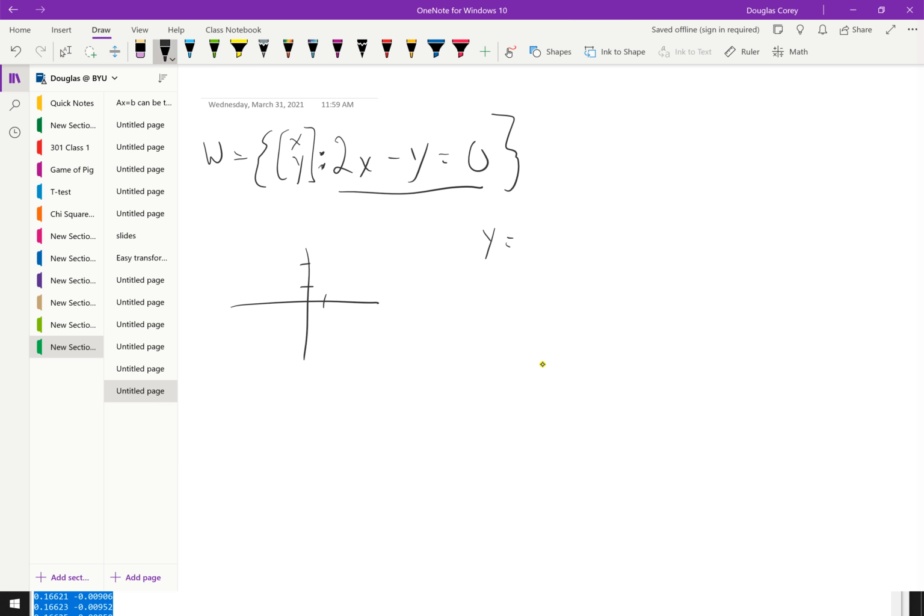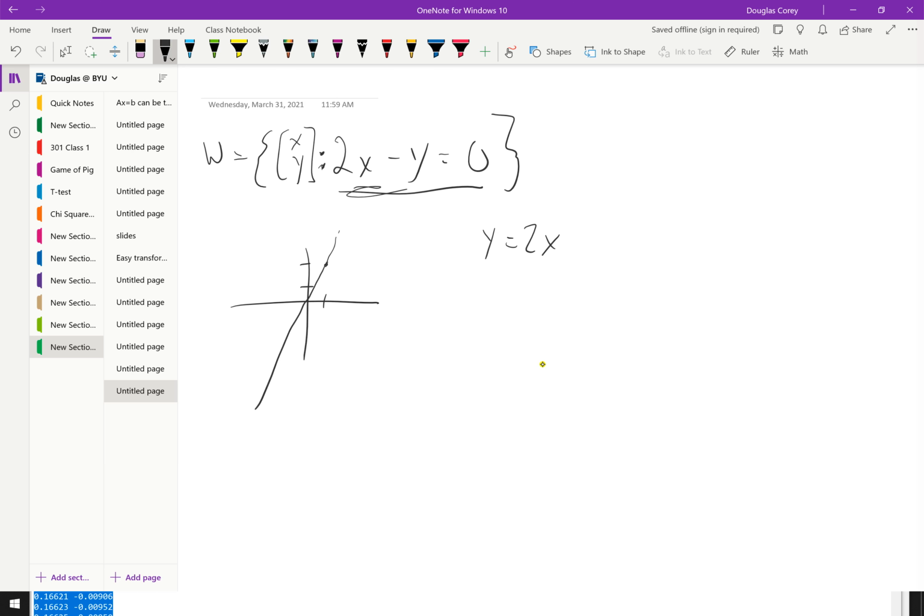This is the line y equals 2x, so that's what I'm working with. I'm not working directly from here, but I know how to graph that fairly easily. Y-intercept is 0, slope of 2. So that's what I was doing.